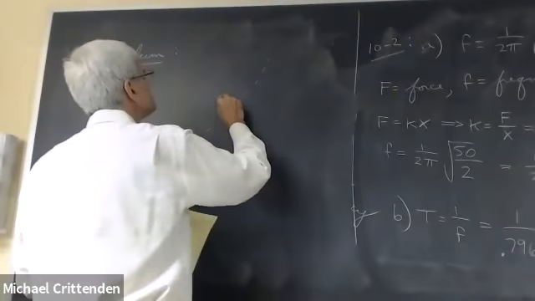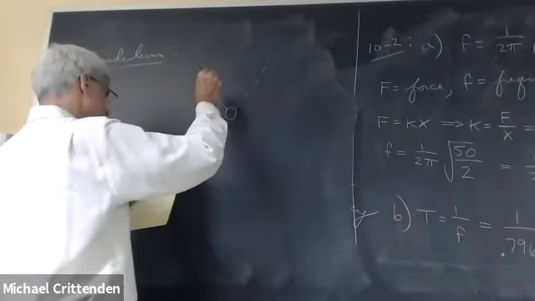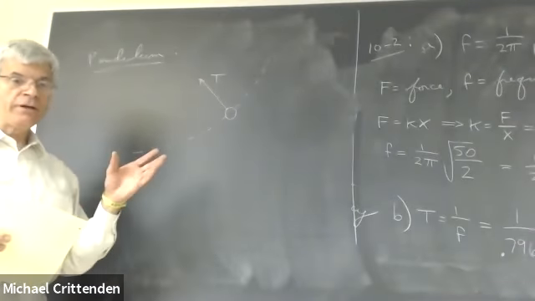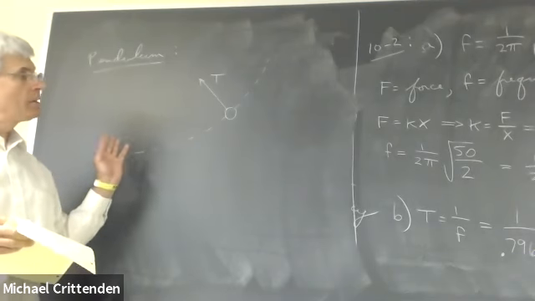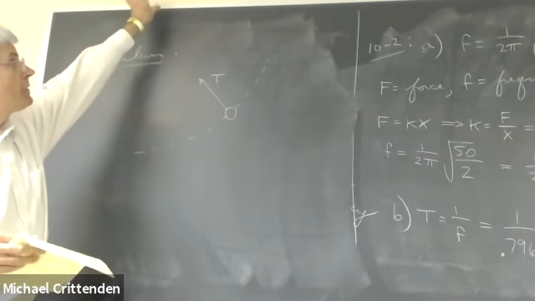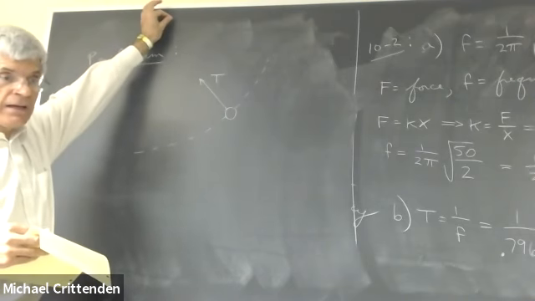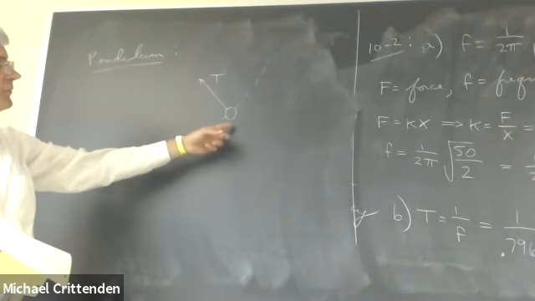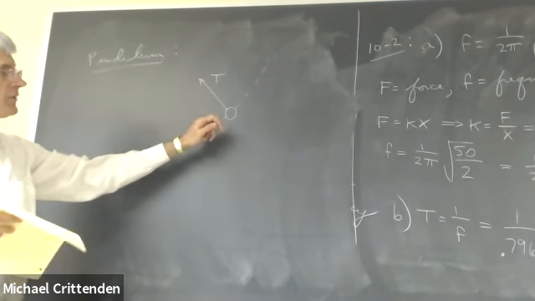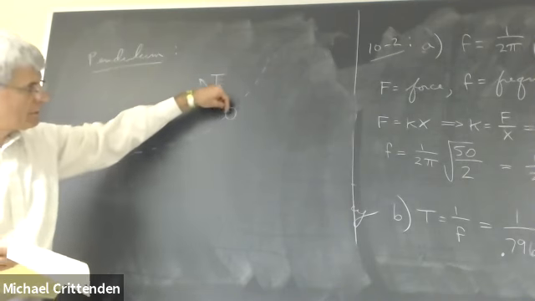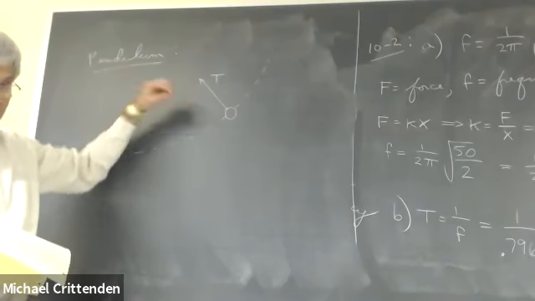There's the string, T for tension. The string at any time will lie along a radius. The point that the pendulum is suspended from is at the center of this circular arc, and the string goes from there to the mass right along a radius. So this is perpendicular to the direction of motion.